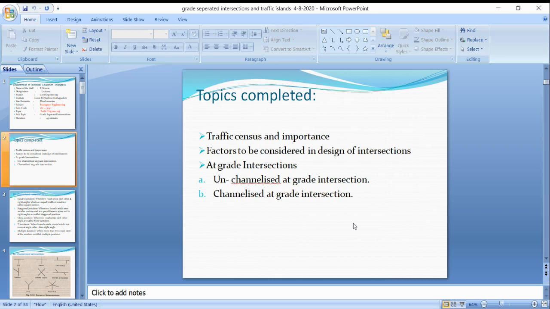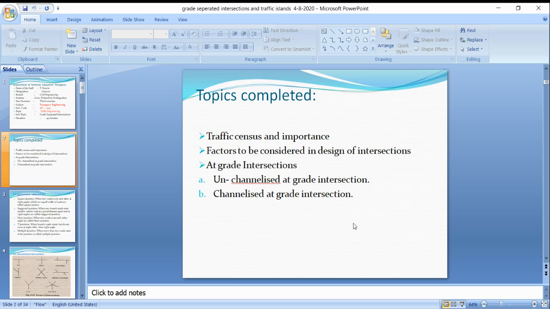Why are we collecting the traffic census? For deciding the geometric design of a road, and also to know the traffic control for safe and efficient movement of vehicles.